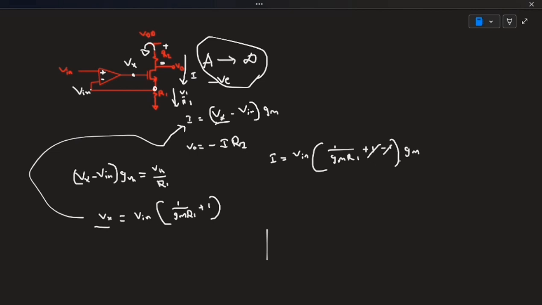These two get cancelled and after multiplying, this Gm and this Gm get cancelled. So current I will be Vn divided by R1. So now our Vout will be equal to minus Vn into R2 divided by R1. This is the answer.